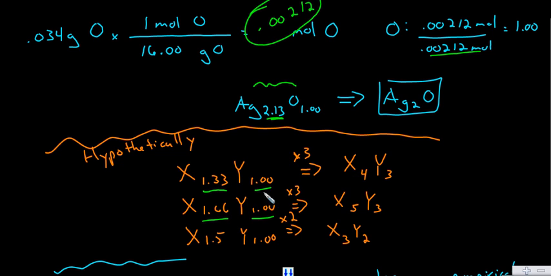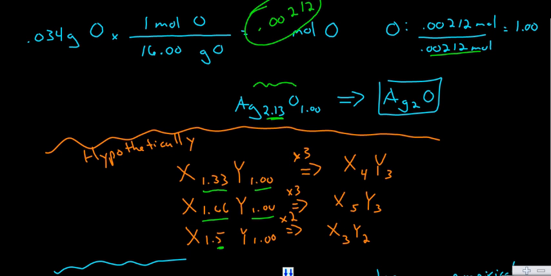By multiplying these by 3, you get whole numbers and whole number ratios between your elements. If you find that you have a 0.5 as one of your numbers of moles in your mole-mole ratio, then generally you'll multiply by 2. So if you have 1.5 to 1, multiply by 2, and you get 3 to 2.